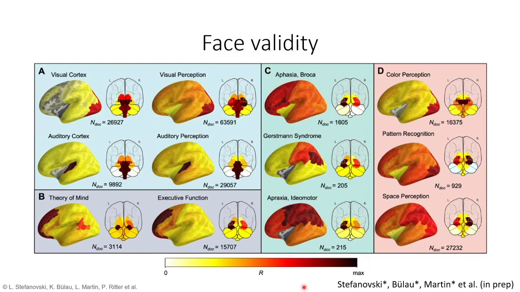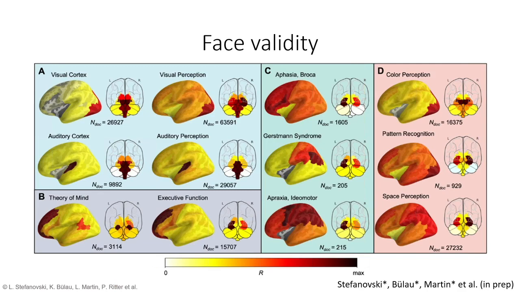in panel A, you see basic perception that is derived from clearly defined anatomical areas. For example, in the visual cortex, visual perception takes place, and you can see a kind of nice add-on: if we query the visual cortex, you clearly see only the areal borders of the visual cortex as highly relevant, and you see the systems approach here.